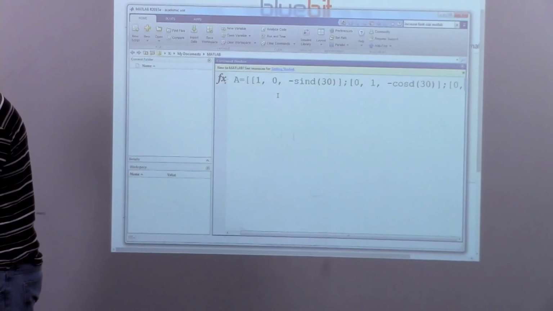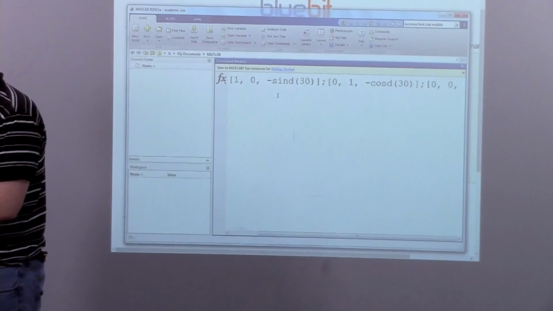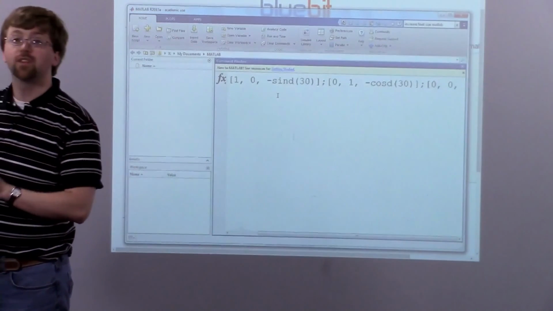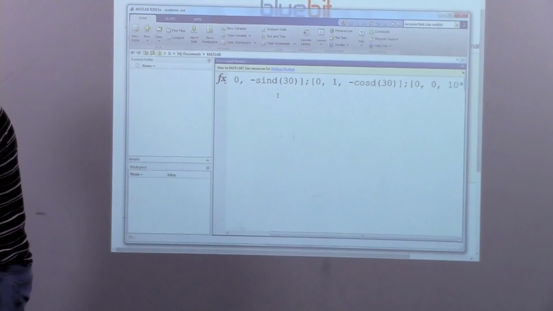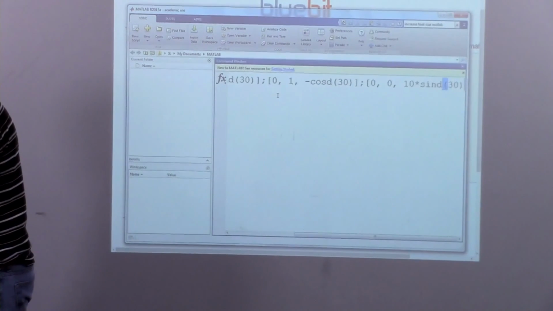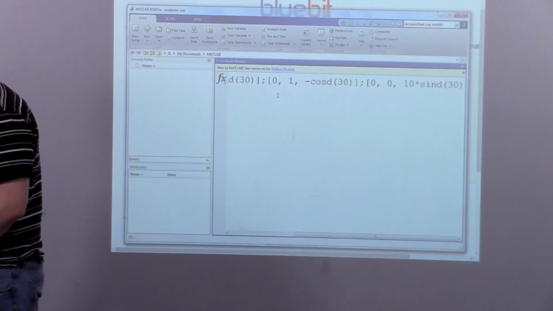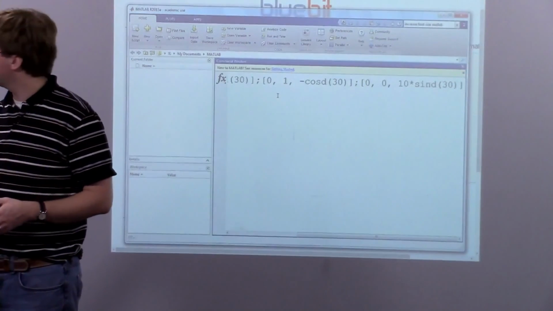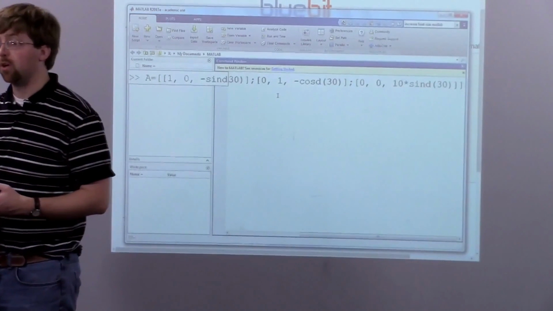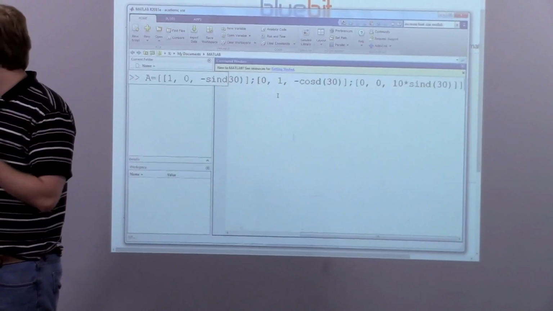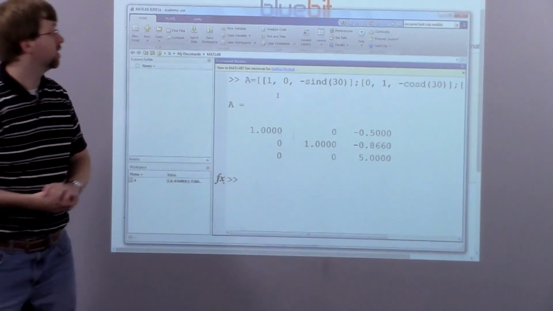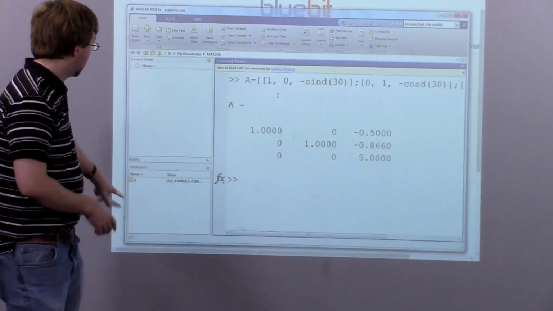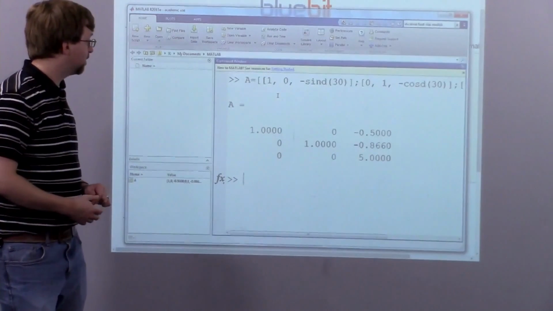For the third row, I have 0, 0, and 10 times the sine of 30 degrees. So 10 times sind of 30. So closing square bracket for this row, closing square bracket for the whole piece, and I should be able to hit enter, and I get my A matrix showing up here. And I also have this saved in the memory for now.